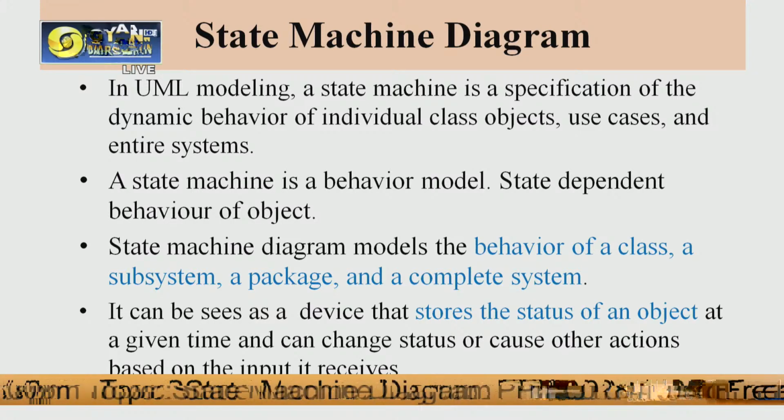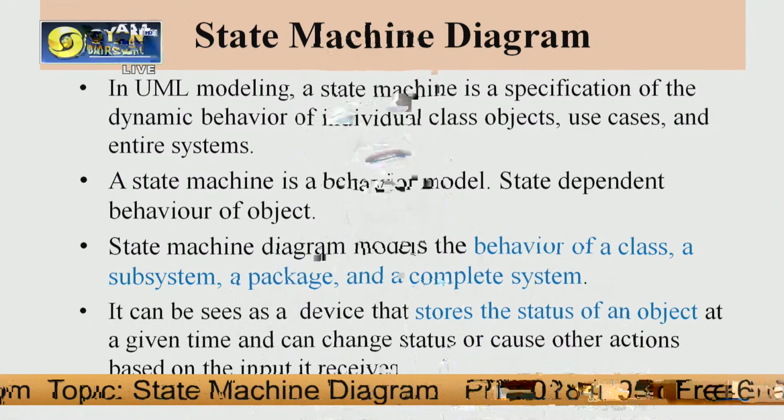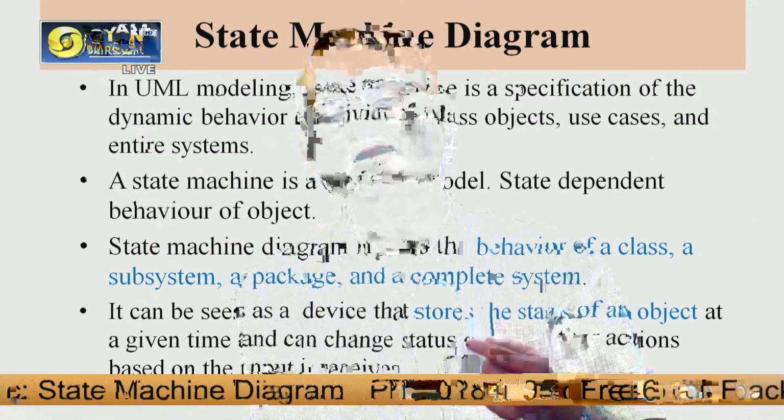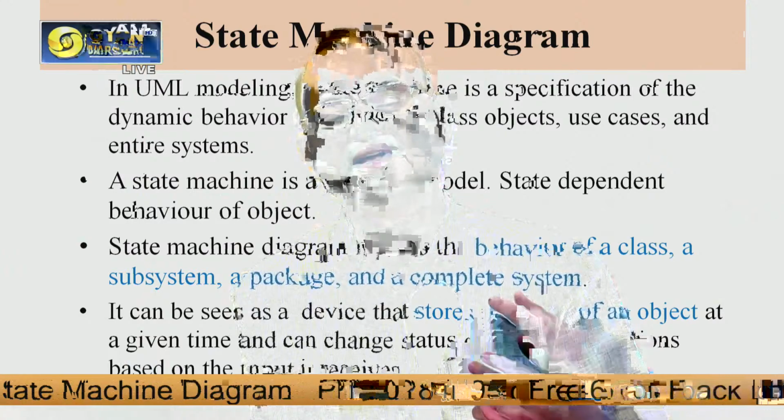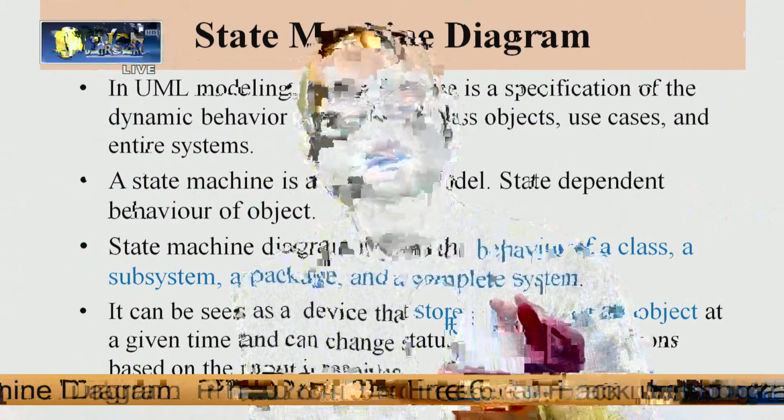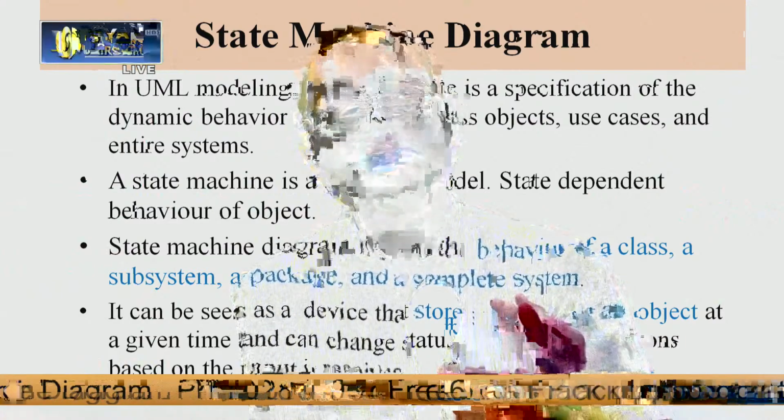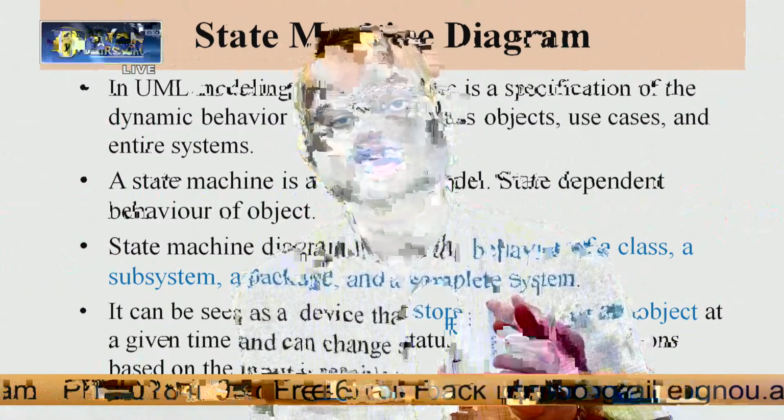It means that you can draw a diagram which depicts the dynamic behavior of the system in the context of the different objects involved in the system, or the overall working scenario of that particular system, that is the use case, or the complete system in itself.